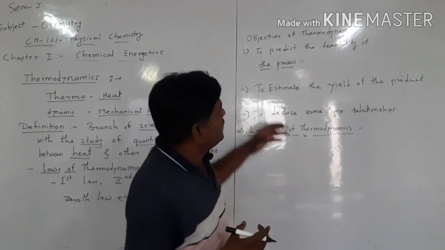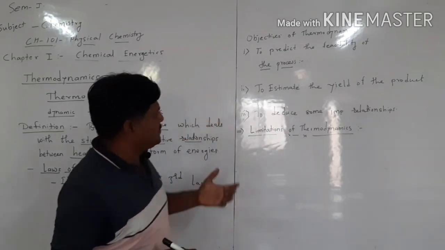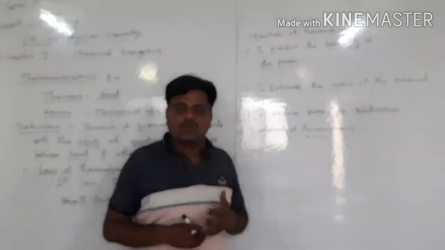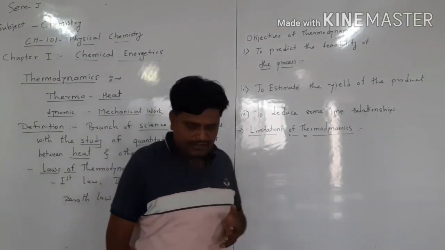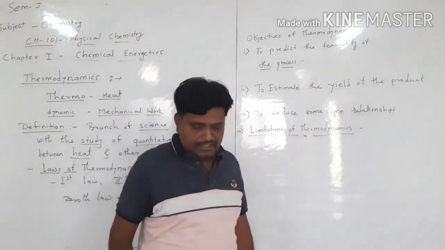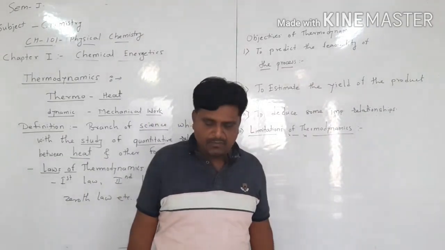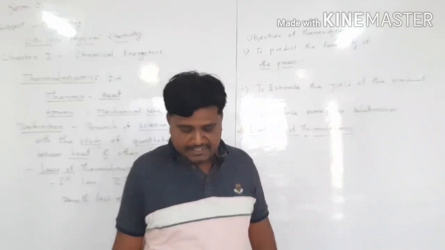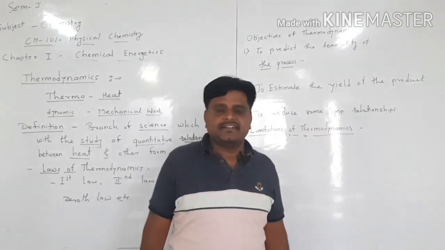Here the objectives are the pros and the limitations are the cons. There are three limitations. First, it deals with properties like temperature, pressure, etc. of matter in bulk, macroscopic quantities.